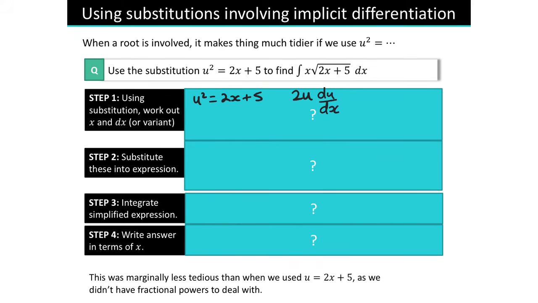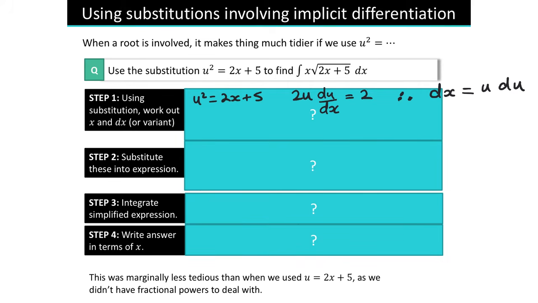This is implicit. This is like when we had the y's, you remember? Then this equals 2. Okay? So therefore, dx actually equals u du. So this is how implicit is slightly different.